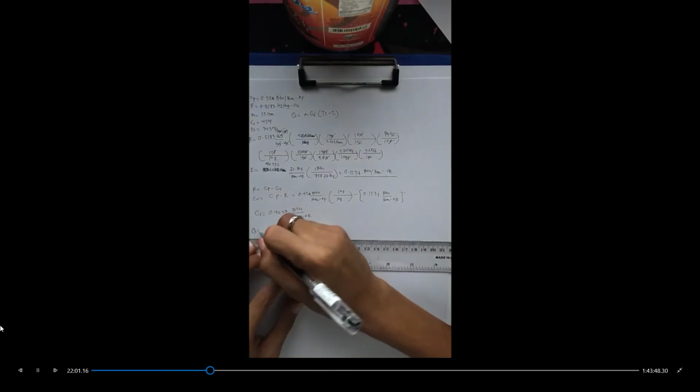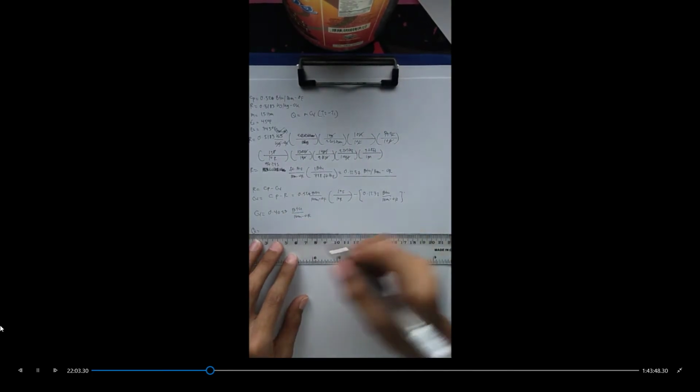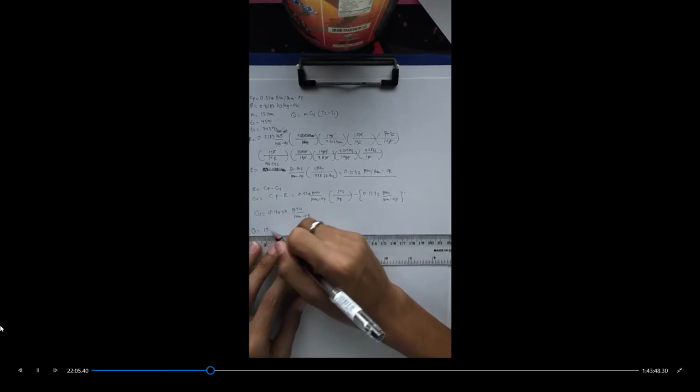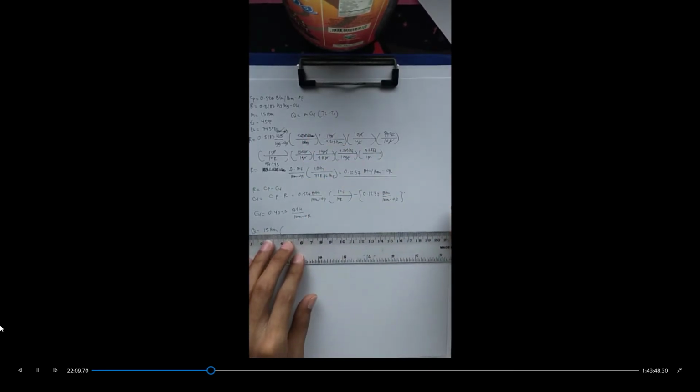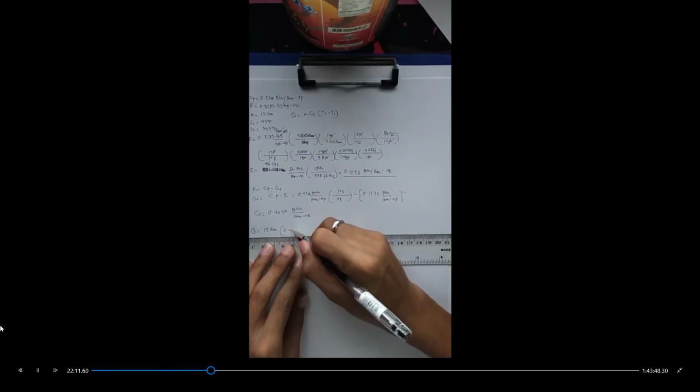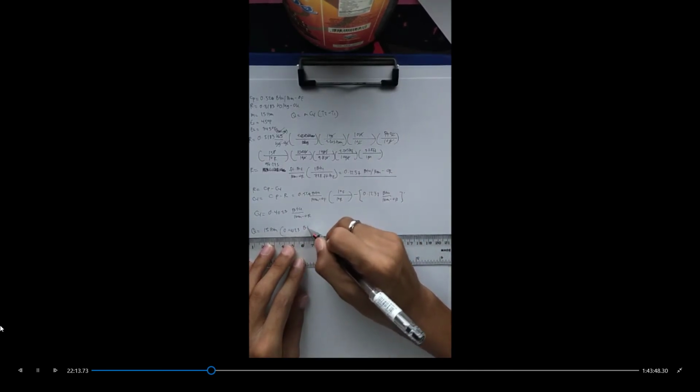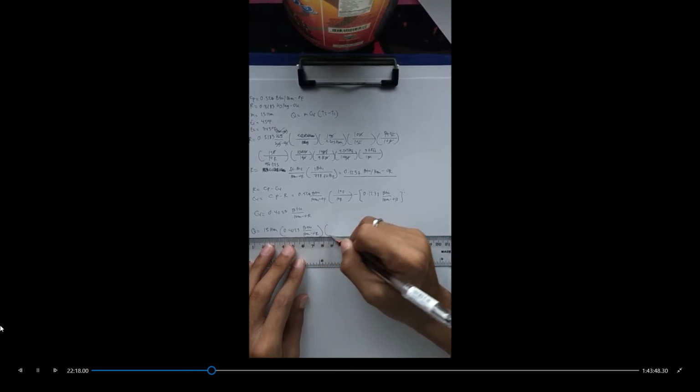Now, since we already have our Cv, we can now directly solve for our Q by substituting the values of our variables. So mass is 15 pound mass. My constant volume specific heat is 0.4023 BTU per pound mass degree Rankine.